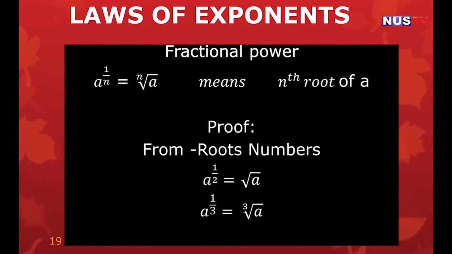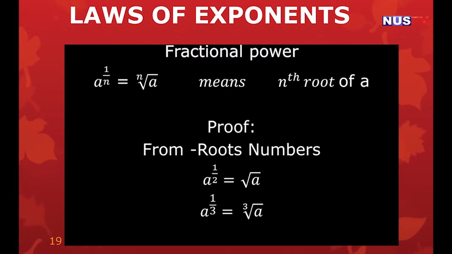Right. Another law of exponent for us to revise is called the fractional power. A fractional power is actually a way of expressing a power in surd form. Now we are getting closer to the learning outcome of this whole substrand.